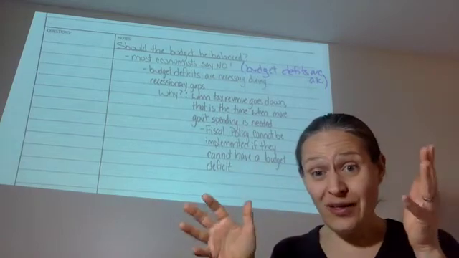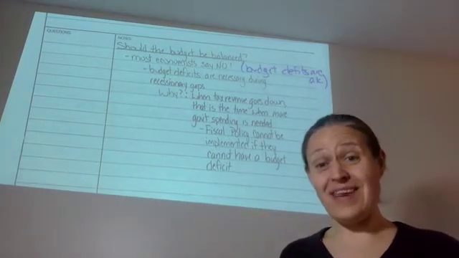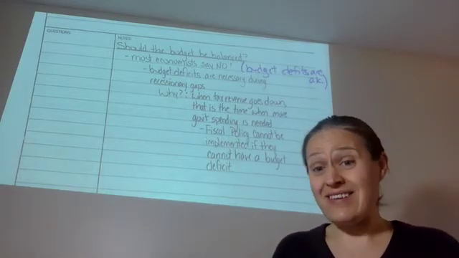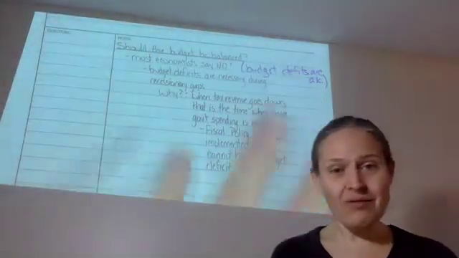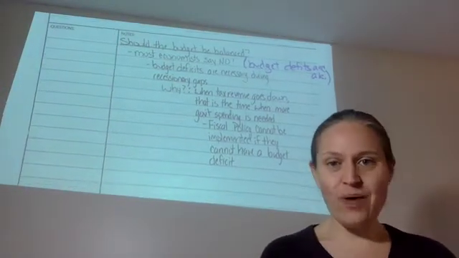The economy is terrible. The government needs to help. Well, they have to do budget deficit spending, or they can't do any expansionary fiscal policy at all. That's what a lot of economists, not all economists, but a lot of them have to say about that question.